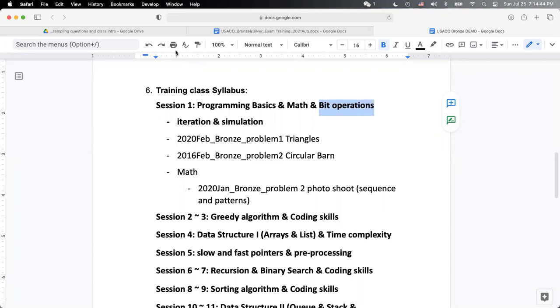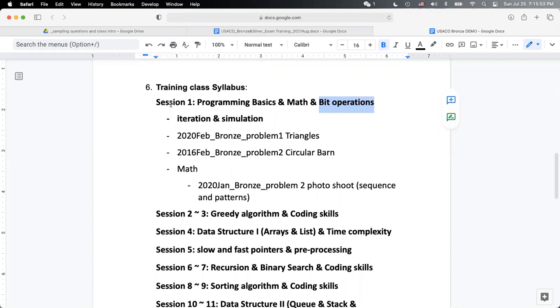You really want to see the scale of the input variable, so you can decide whether n log n is going to be the approach to resolve it, or whether n squared will do.